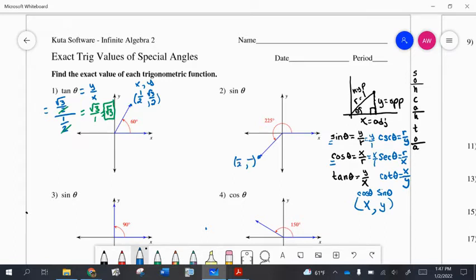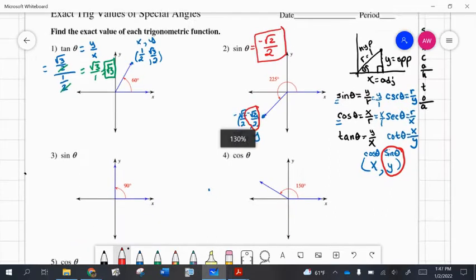They are √2/2 and √2/2, but they're in the third quadrant, so they're both negative. Sine, when we're on the unit circle, is our y value. So negative √2/2 is my sine at 225. Nice and easy when it's sine or cosine. Tangent just takes a little more work.